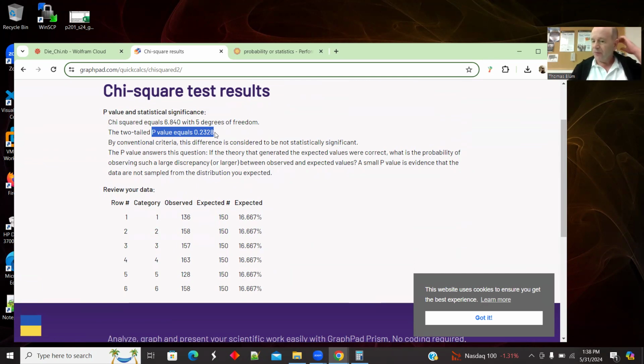So we have this ideal result, and then we make a hypothesis that it is not ideal. Maybe what we're observing is not ideal, not the expected. And then what they call the null hypothesis is that it is what we expect.